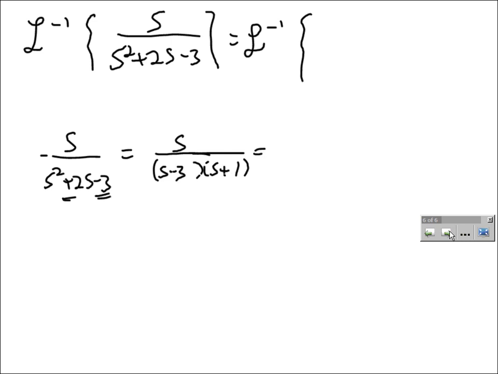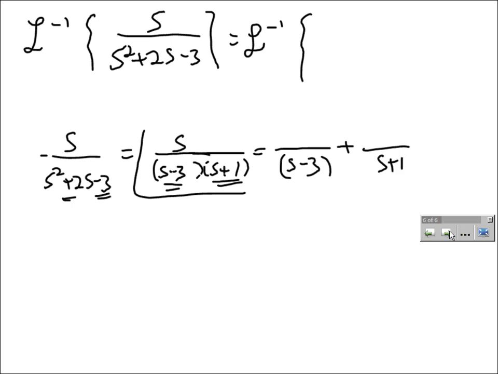So I want to rewrite this fraction as something over s minus 3, that factor, plus something over s plus 1. Since s minus 3 is linear, put a constant on top. Since s plus 1 is linear, I put a constant on the top.